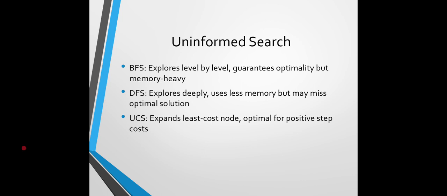Depth first search explores vertically, diving as deep as possible down one branch before backtracking. Finally, uniform cost search is similar to BFS but prioritizes the node with the lowest actual path cost from the start, guaranteeing optimality even when move costs vary.